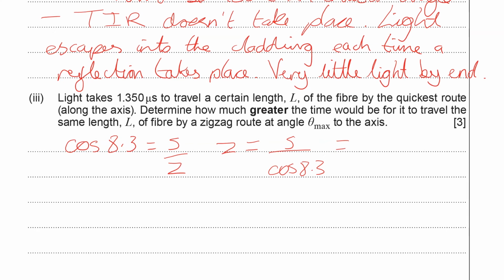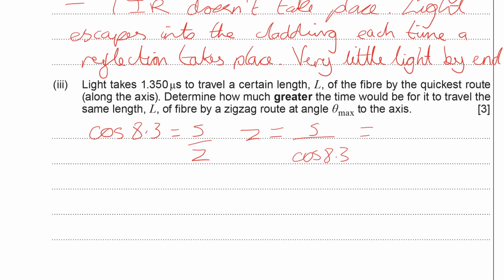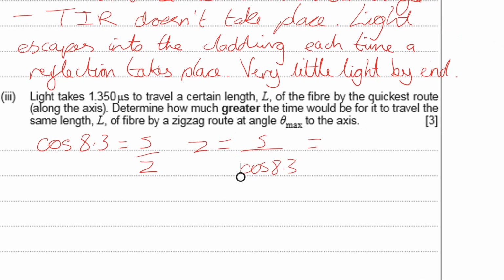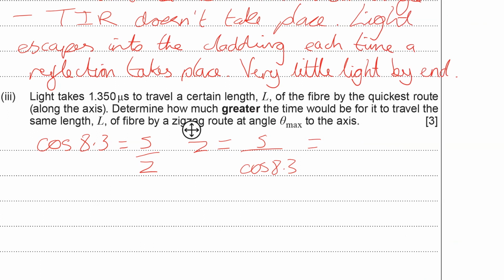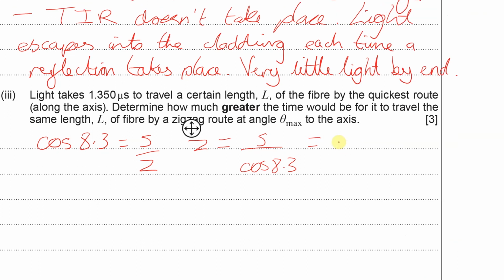Now, using an unrounded figure here, I get the answer that 1 over cos of 8.3 is 1.0106.